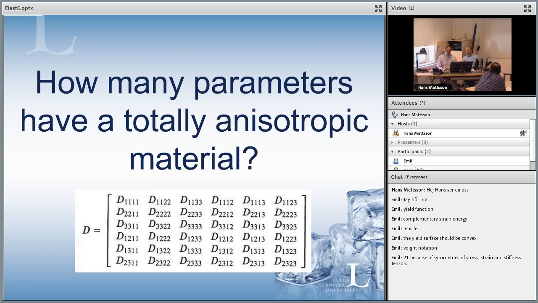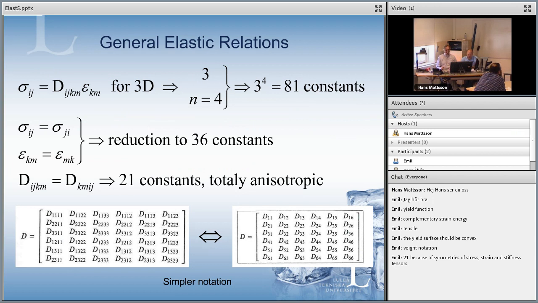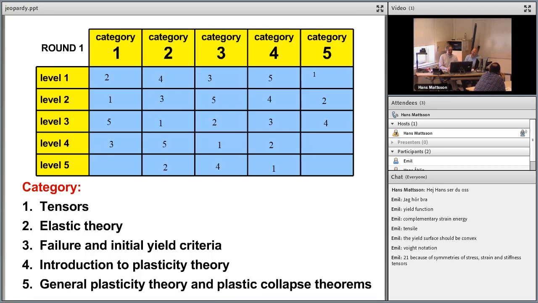Thank you. Okay, the correct answer is 21. So Emil was correct. Emil is very good here. This is how it could be also.